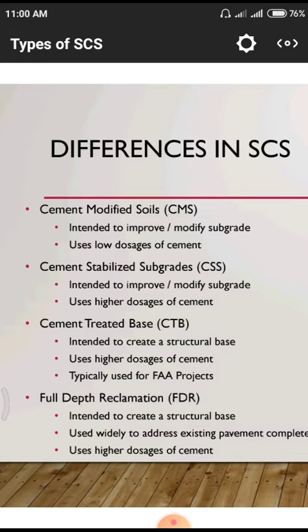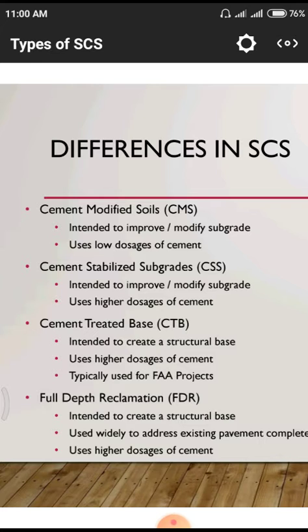Next one is cement treated bases. In this cement treated bases, intended to create a structural base. Normally structural base represents that the total weight will be carried by this layer, so that it is called a structural base. Normally in our houses also some structures are there, those are structural elements.